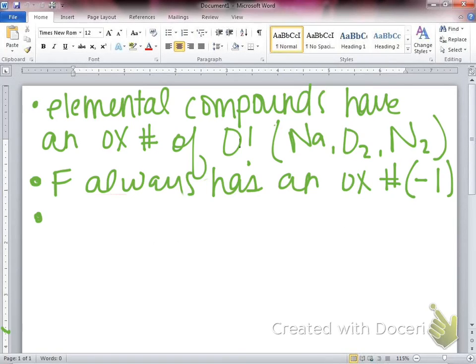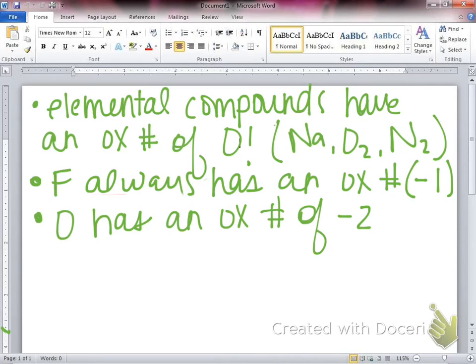Next is oxygen. Oxygen has an oxidation number of -2, except when paired with fluorine.